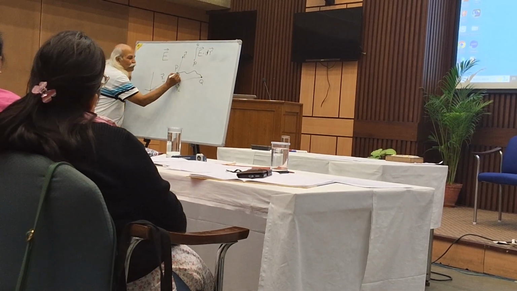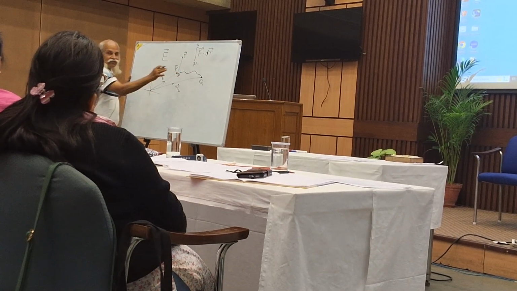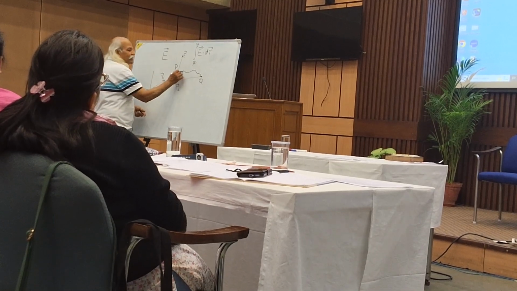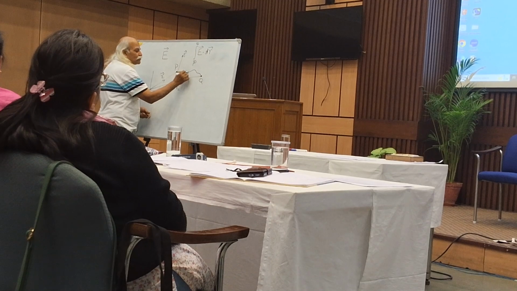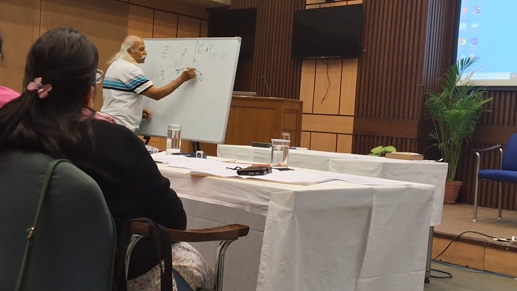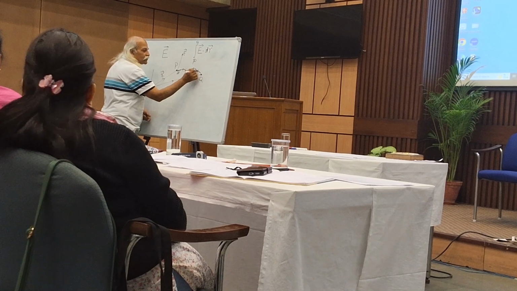Then I move slightly more ahead, and then I say now this is my dr, then this is my dr, and this way I keep going and I reach here.